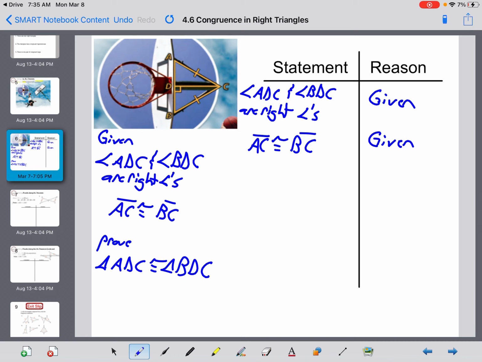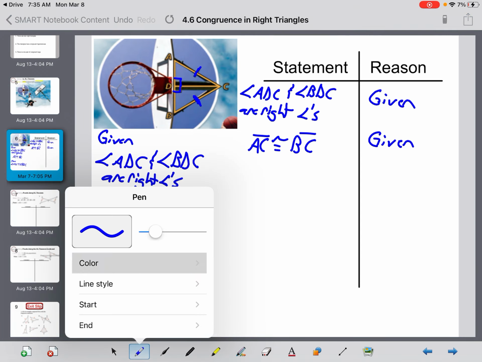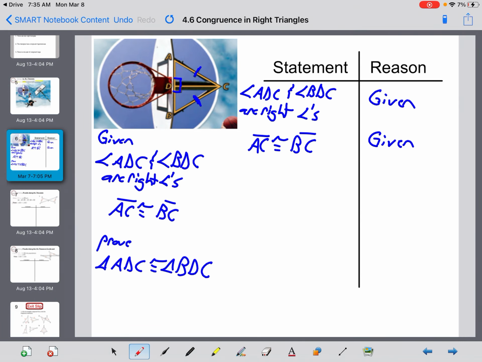Next, you notice if you look at this image, we have AC being congruent to BC. We have our right angles here. The last thing that we need actually is that these 2 triangles share a side, DC. DC is congruent to DC, and that's the reflexive property.